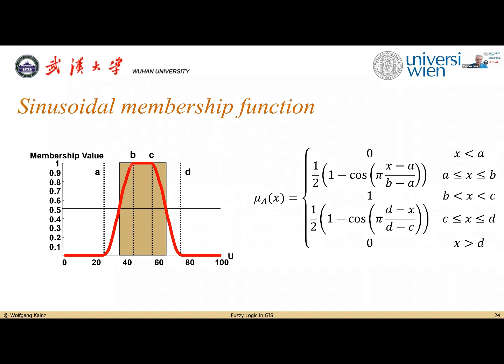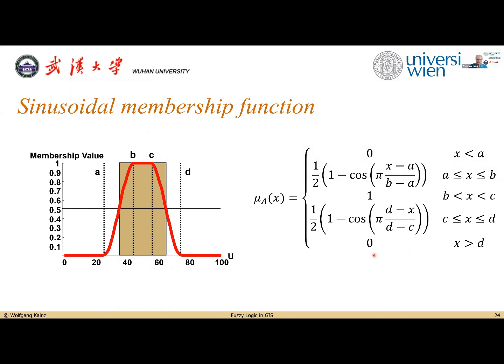For every value between b and c, it's 1. And for the descending part here between c and d, the formula can be expressed like this. And for every value greater than d, it is 0 again.